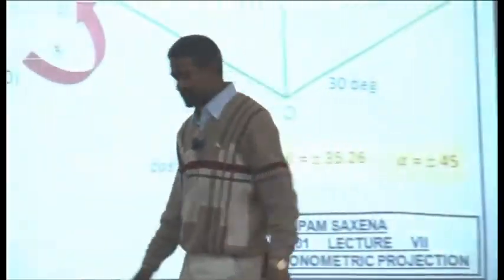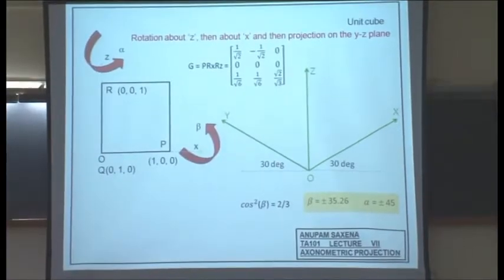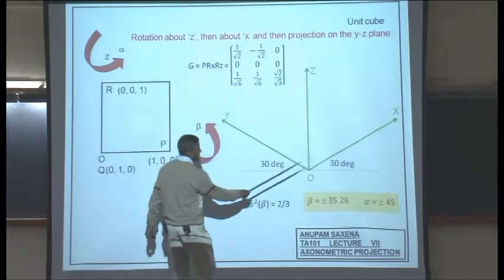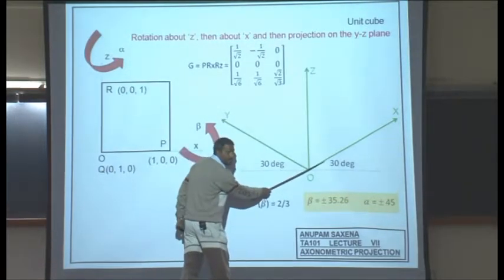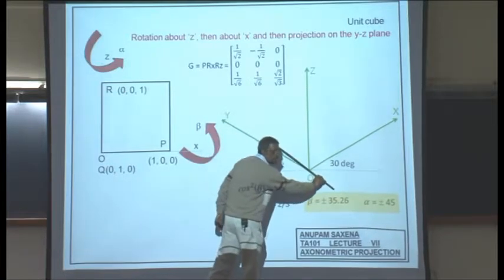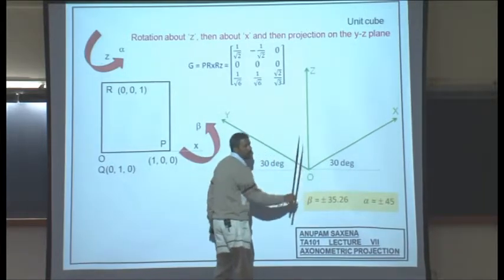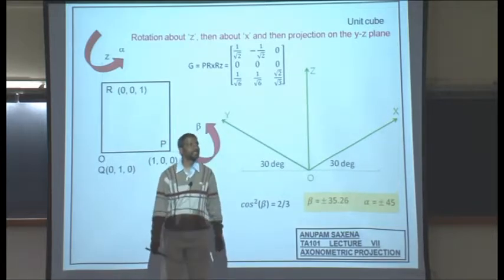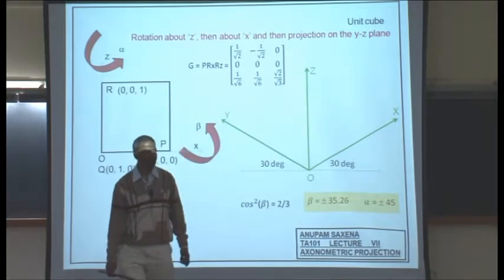Corresponding to those values, you will probably figure that you will get one of the axes as this, no matter what. You will get the other axis as this, no matter what. And your z-axis will remain vertical, no matter what. You can try it out.